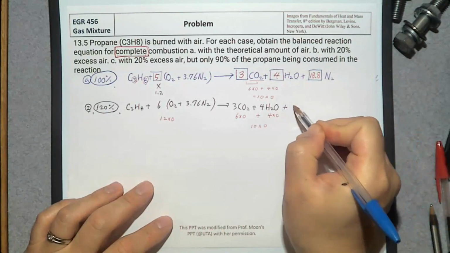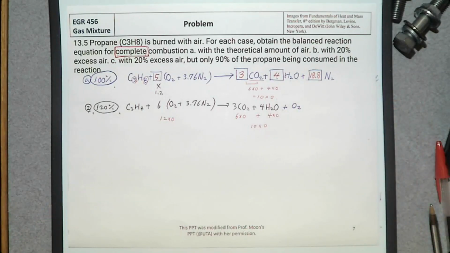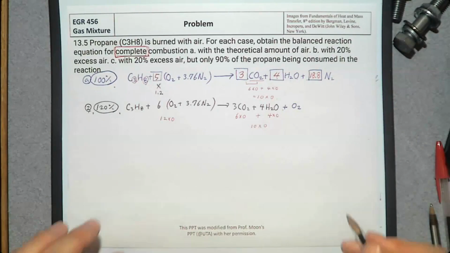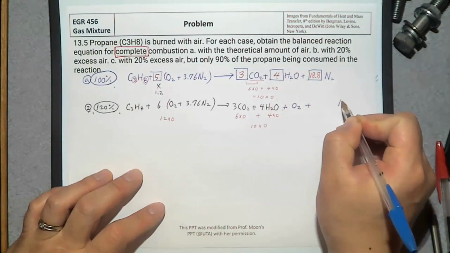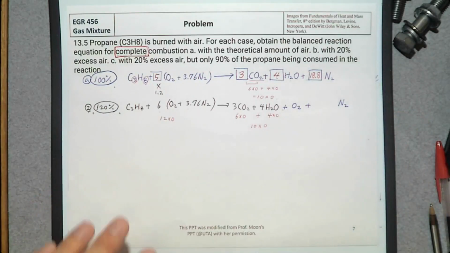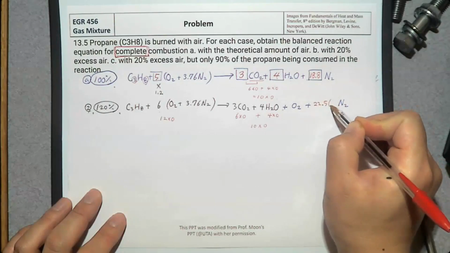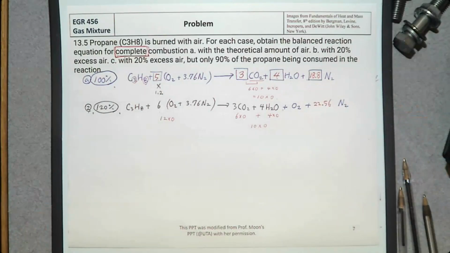So 2 oxygen atoms can create 1 molecule of oxygen. And we have nitrogen left over. How many? 6 times 3.76, 22.56. So that's how we determine the balanced reaction equation.